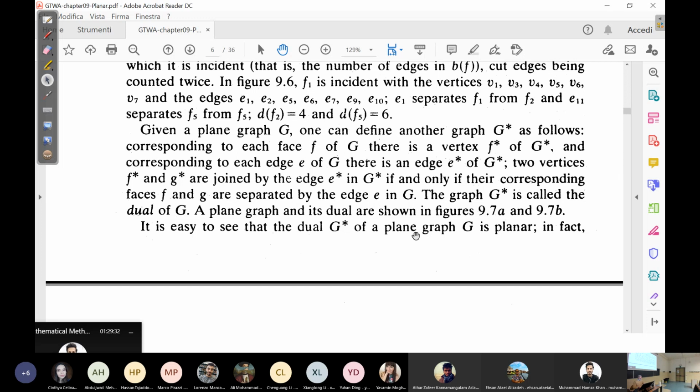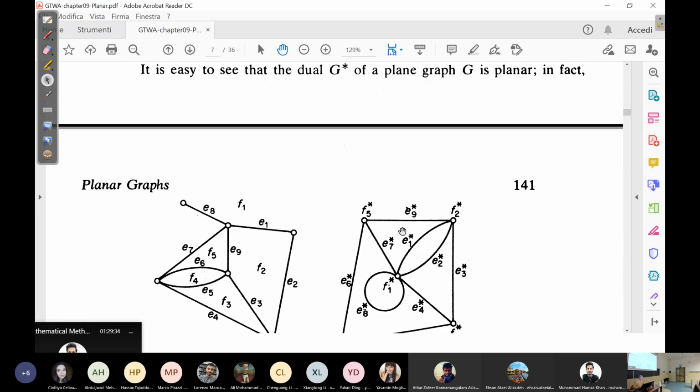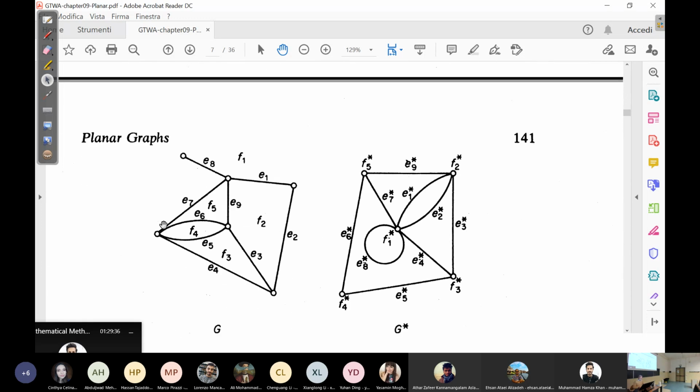A plane graph and its dual are shown here. For each face you have a vertex. You have face F1, which is represented by this vertex F1 star. Then why do we have a loop here? Because there is this edge E8, a cut edge, which separates F1 from itself.